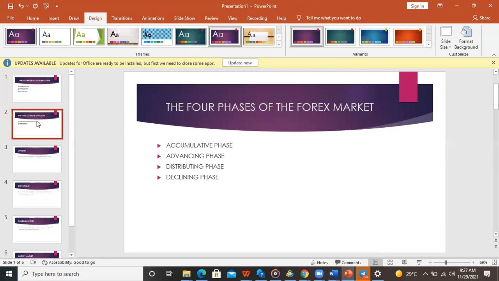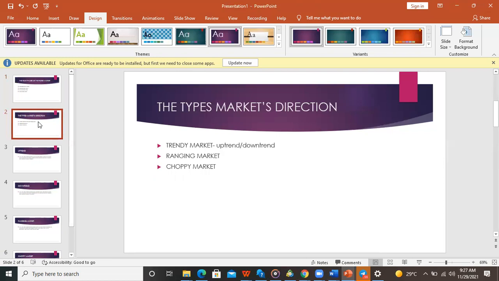All right, so we're going to our second slide. Before you are able to analyze every market, you first of all have to know the market's direction. If you don't know the market's direction, it will be very difficult for you to make an informed decision.